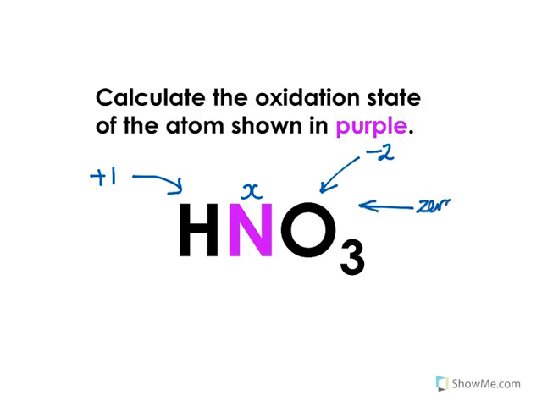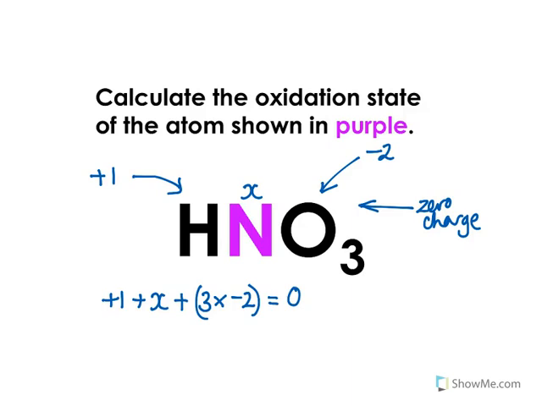So the 0 overall charge, we can use that to help us to work this out. The hydrogen is +1, the nitrogen oxidation state is x, and there are 3 lots of the oxygen, so 3 times the -2 oxidation state, gives 0 overall charge.